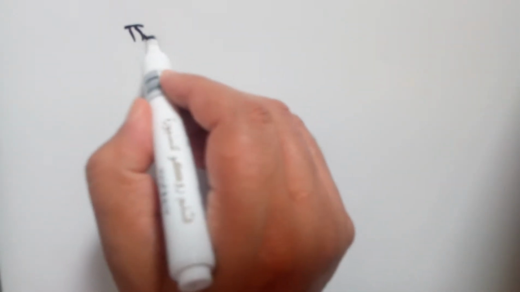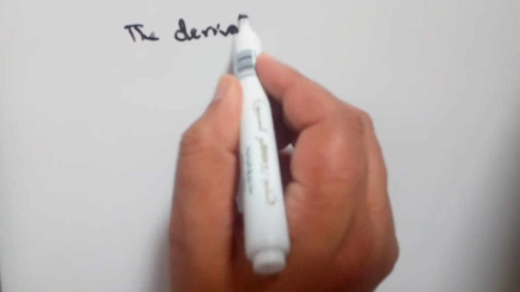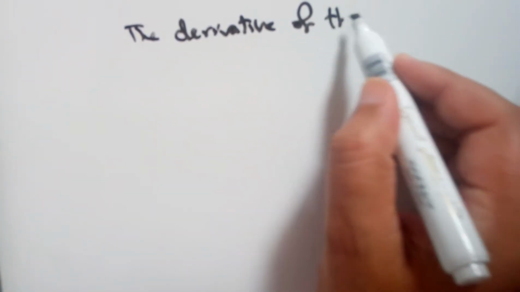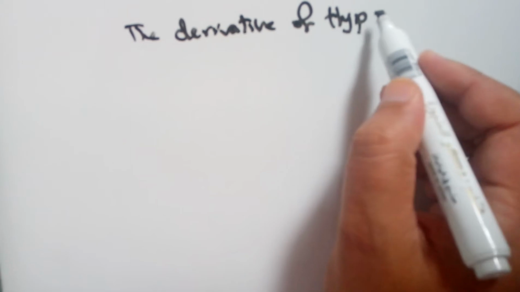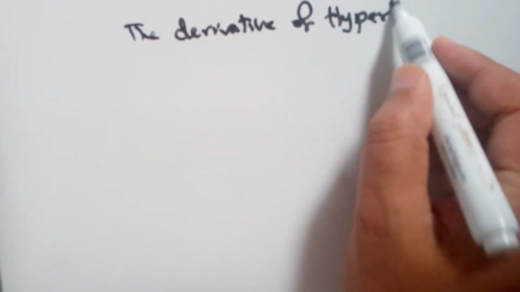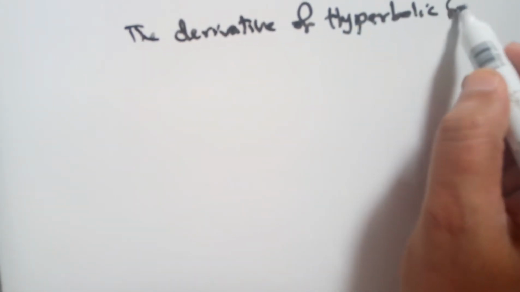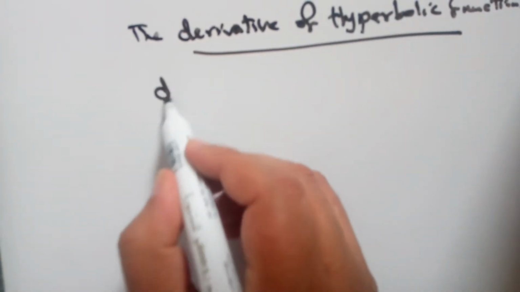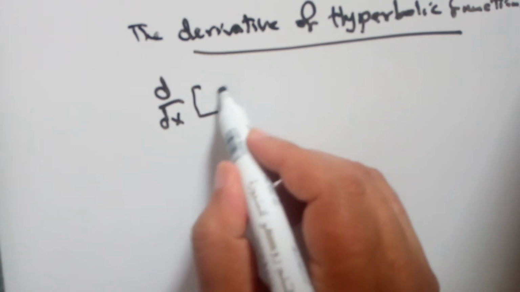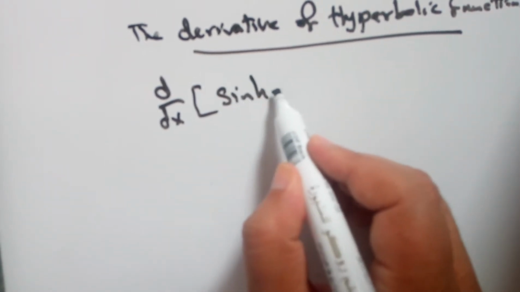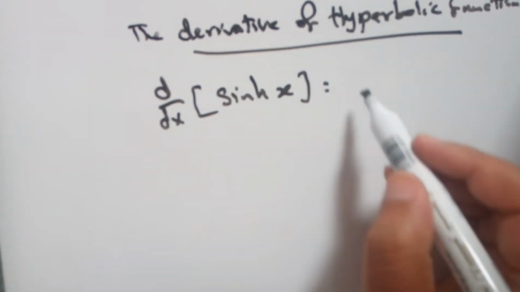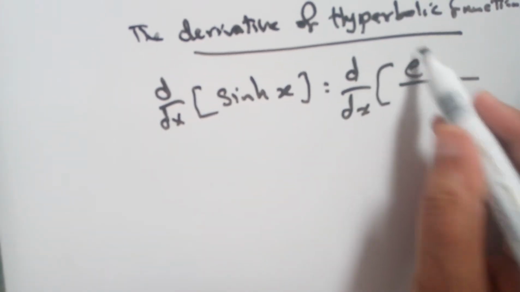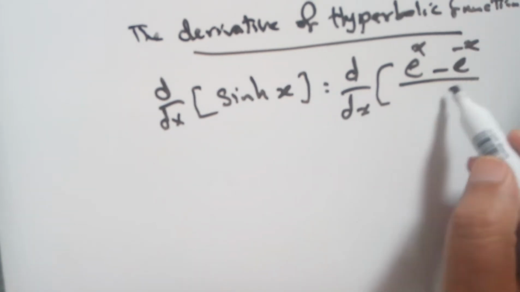The derivative of hyperbolic functions. d/dx for hyperbolic sine x is equal to d/dx for e to the power x minus e to the power negative x divided by 2.